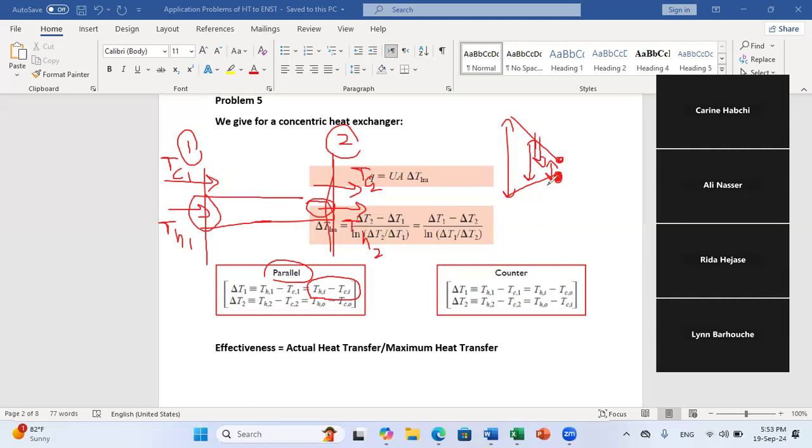On the other hand, in counter configuration, we have a different profile. Because what will happen in this case is that at section 1, you have, let's say, inlet of hot and outlet of cold. So TC1 will represent T cold out, while TC2 will represent T cold in.